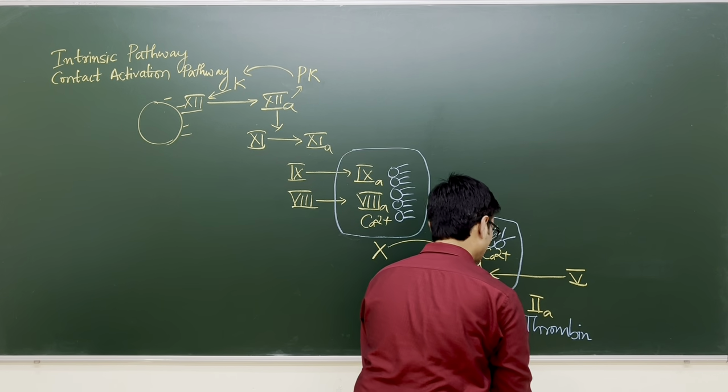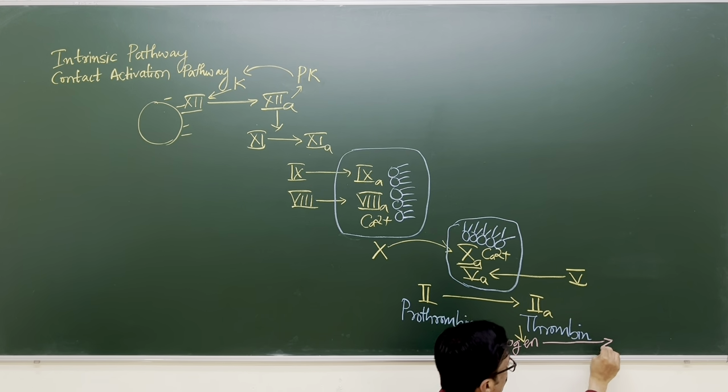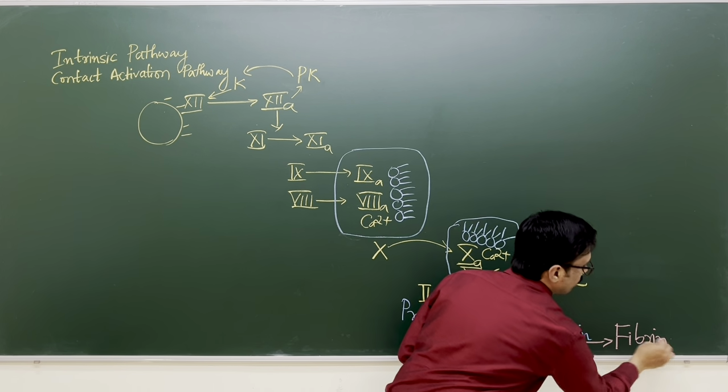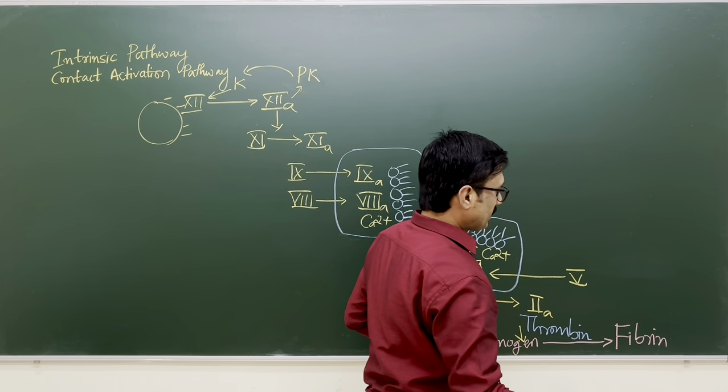So once factor 2 is activated, this will activate fibrinogen, or convert the fibrinogen to fibrin, and fibrin monomers autopolymerize to form fibrin threads.